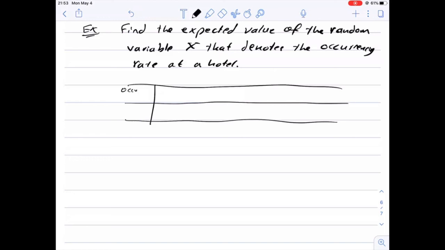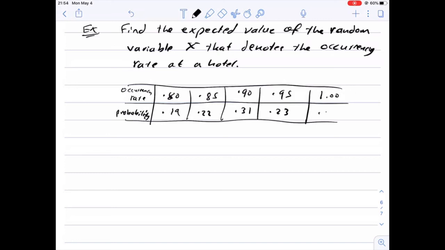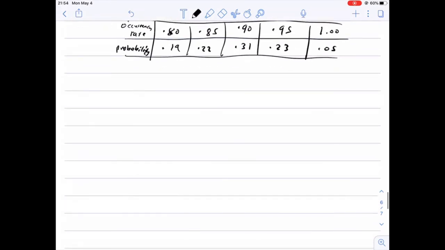We have the occurrence rate and we have probability. So here we have 0.80, 0.85, 0.90, 0.95, and 1, and the probabilities are 0.19, 0.22, 0.31, 0.23, and 0.05.